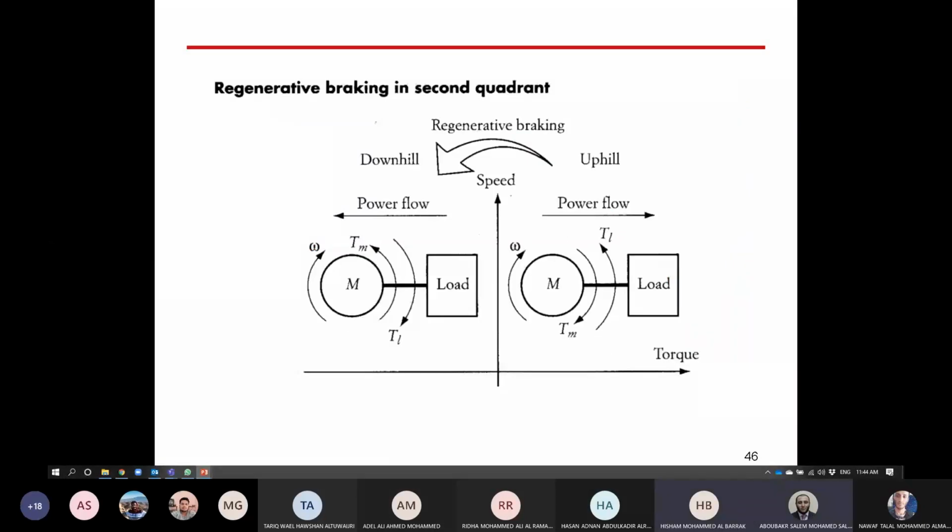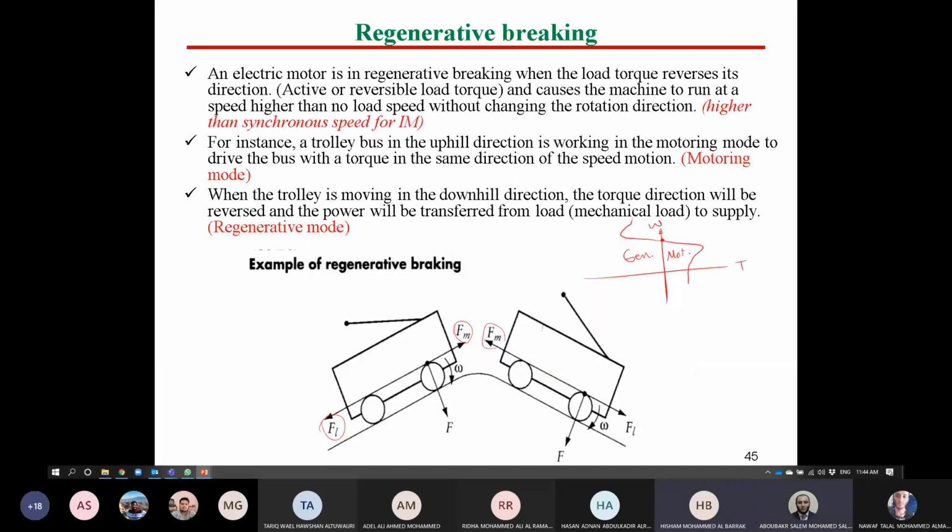That means it will operate in the reverse direction of the torque. Am I right? Exactly, the torque will be reversed, not the speed, only torque. As you can see here, speed is the same. Sorry, not the same in value, but the same in direction. And the value of speed will change, for instance, moving from here to here, from point number 1 to point number 2.